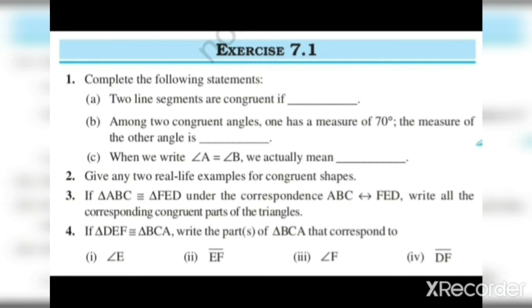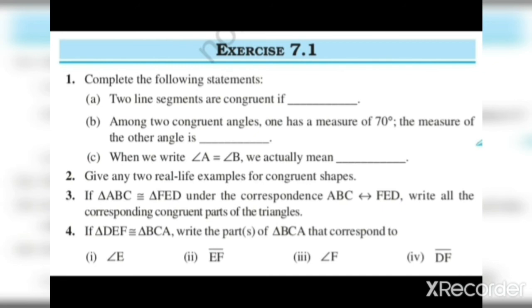If the lengths of two line segments are the same, they are said to be congruent. Next, among two congruent angles, one has a measure of 70 degrees. Very easy. The measurement of the other angle is, remember, they are congruent, so they have equal measurement. So the other will be 70 degrees.